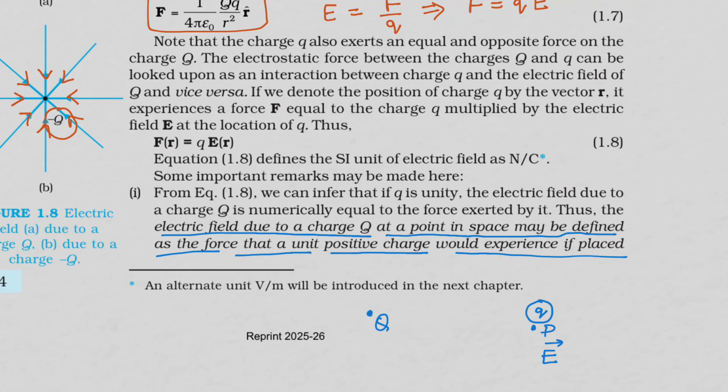So if you want to try to draw the field, if these are the field lines because of capital Q, there will be field lines because of small q as well.